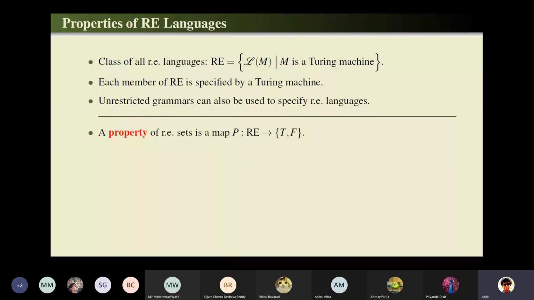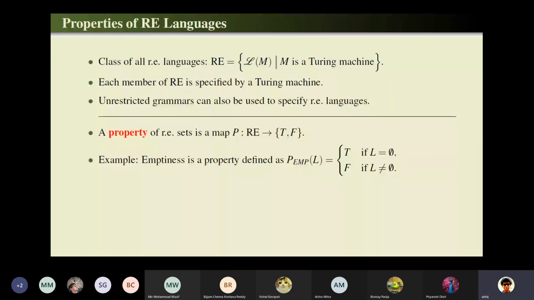I can give you an example to illustrate. For example, emptiness is a property which is true if and only if the language is the empty set. If it contains anything, the property is false.